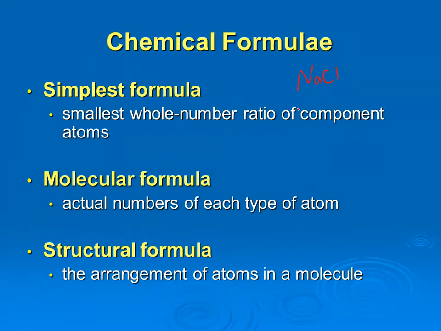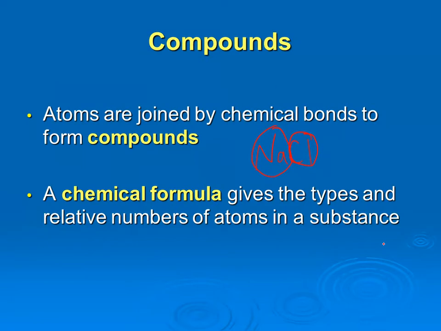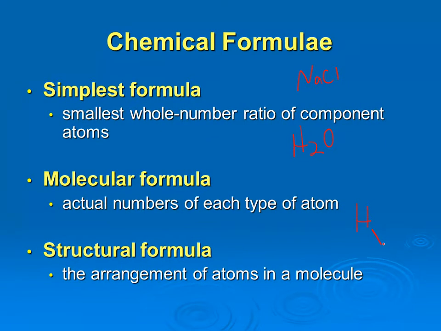A molecular formula may show the actual numbers of each type of atom. And you could see that with like H2O, because you've got 2 atoms now of hydrogen, 1 atom of oxygen. Structural formula will actually show you the arrangements, how they're arranged. And so again, if you look at hydrogen and oxygen forming water, you'll see that they form kind of a shape about like this.